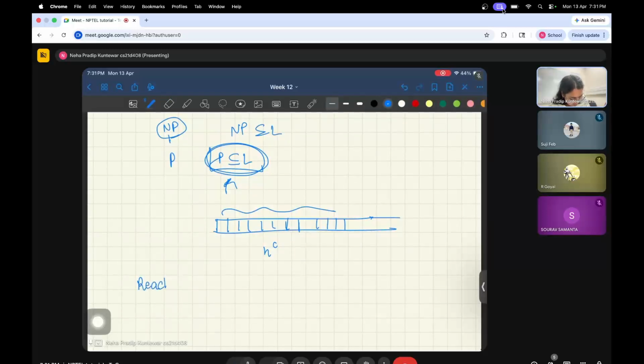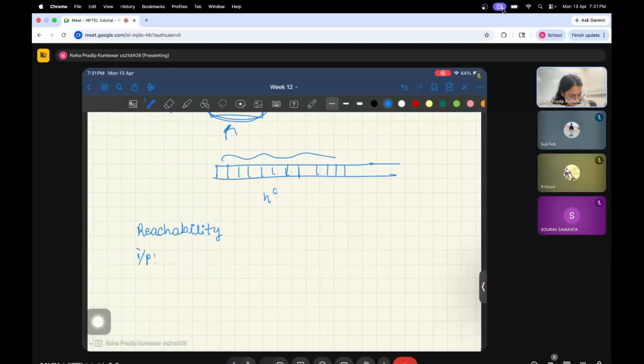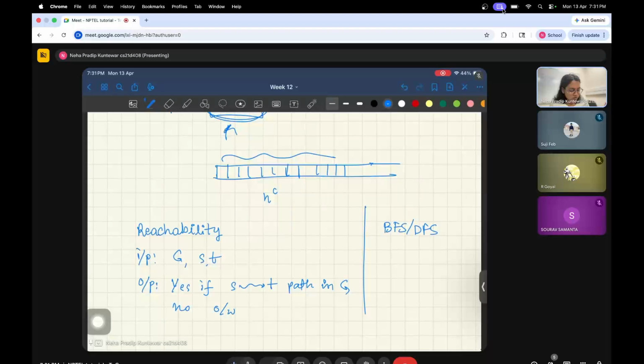In reachability, the input is a graph G and vertices S and T, and you say yes if there is an S to T path in G and no otherwise. What is a trivial algorithm to do this? You would do a BFS or a DFS. Start at vertex S, go to all possible neighbors of S, then their neighbors, and keep doing this.